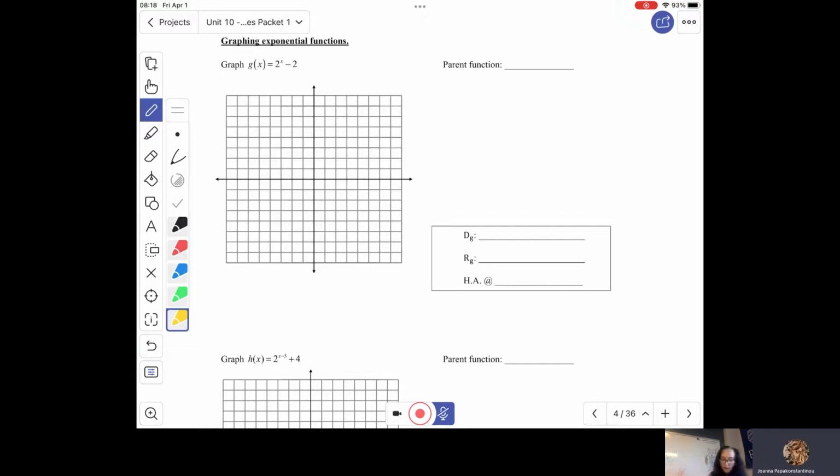So if I look at this function here, y equals 2 to the x minus 2, what is your underlying parent function? Well, it's an exponential function, right? y equals 2 to the x is your underlying parent function. Does everybody see how we get that? So I could graph that, right? I could make a table of values if I wanted to.